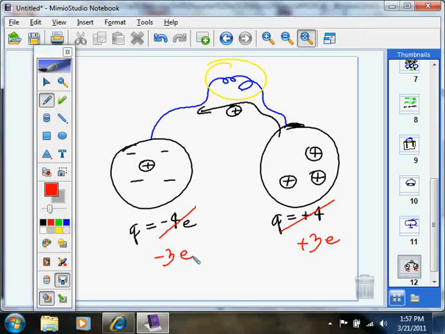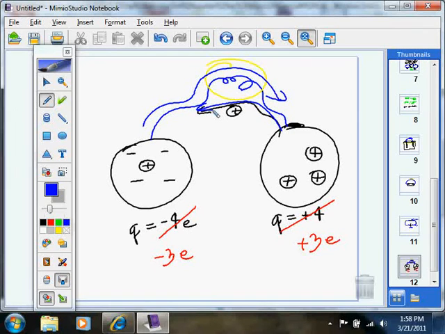So mathematically speaking, does it really matter if we talk about electrons flowing this way, or if we talk about fictitious protons flowing the other way? It doesn't matter. And guess what everyone uses?